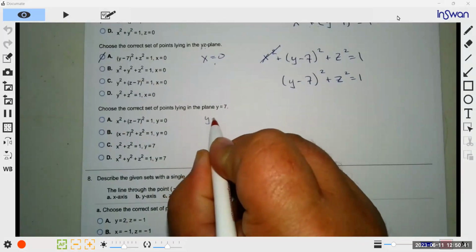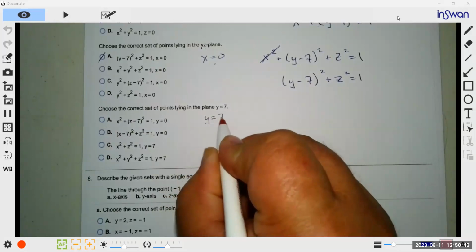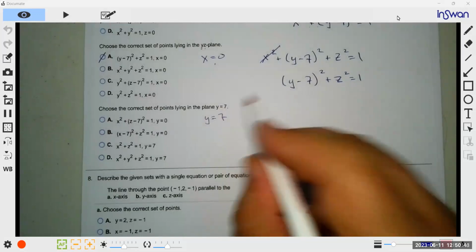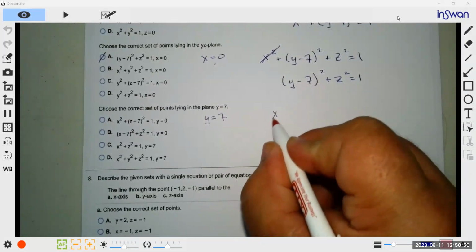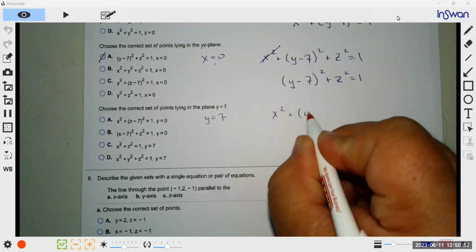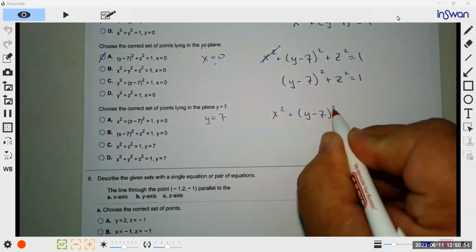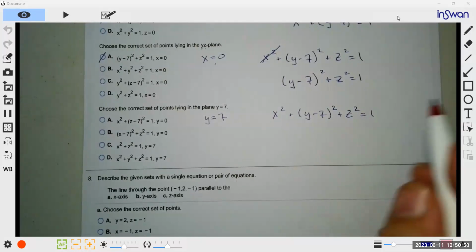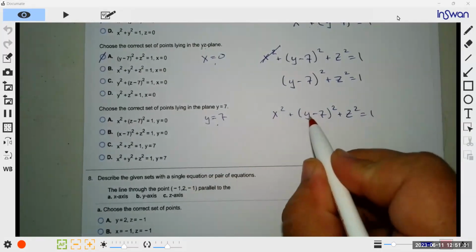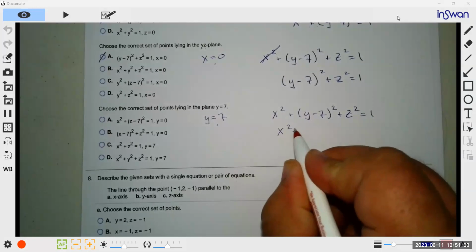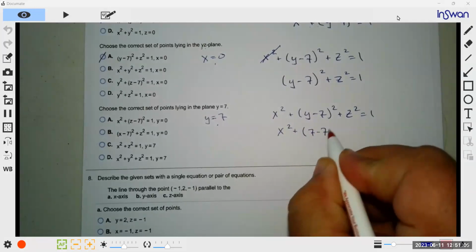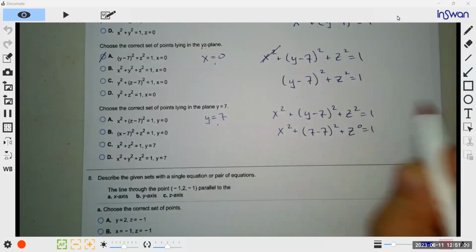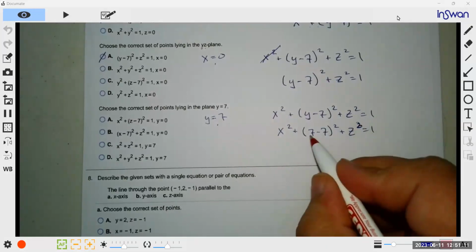Here, y is 7, and that's the plane I'm going through. So we have x squared plus y minus 7 squared plus z squared equals 1. If y equals 7, then y minus 7 squared is not 0, so that equals 0.